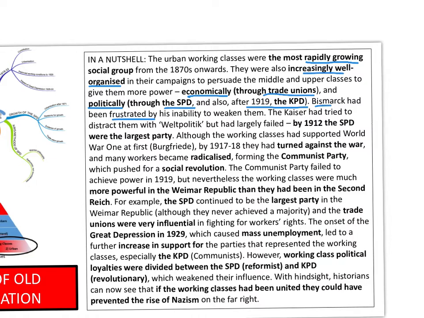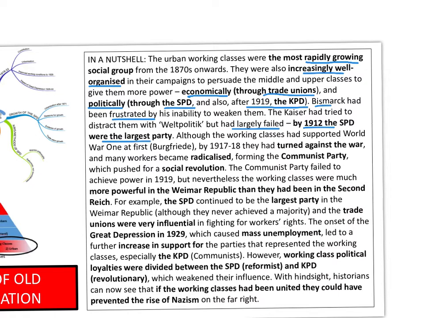You move into the Kaiser, Wilhelm II, of course, as we move into the 1890s and 1900s, approaching World War I, the Kaiser had applied a variety of approaches to try to weaken the working class organisations, but ultimately had largely failed. I mean, one of them was Weltpolitik. We'll come back to that in a second. And by 1912, the SPD were the largest party.